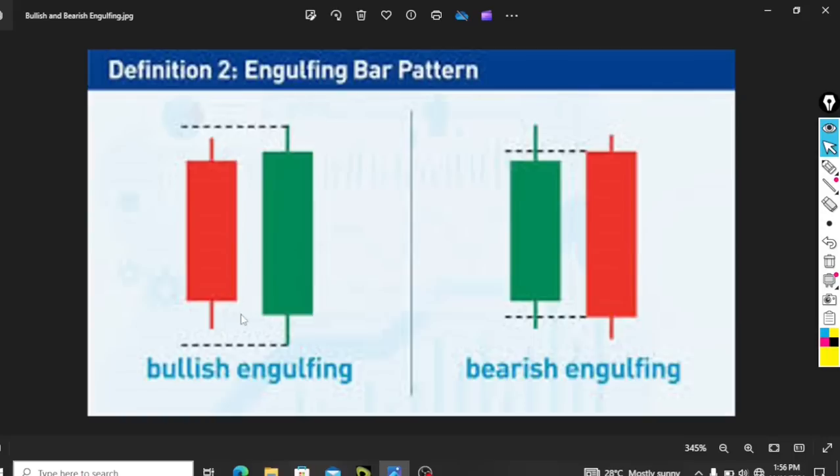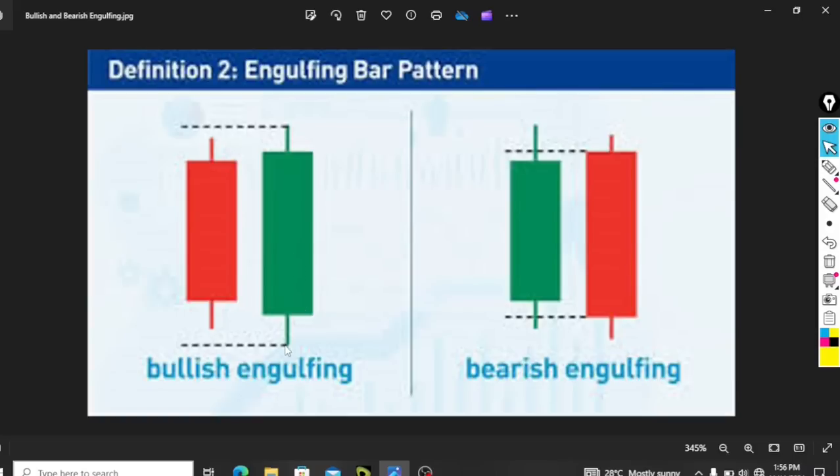Discussing the bullish engulfing, it is composed of 2 candles, one red candle and one green candle. This first red candle opens and begins to trade following a downward movement.